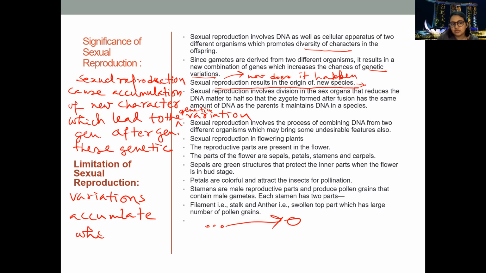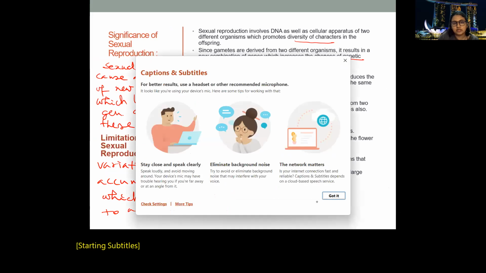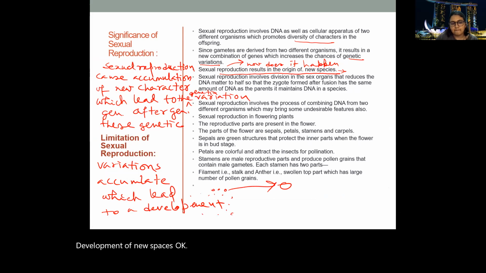So small genetic variations accumulate over time, over millions of years, not one year, two years, which leads to the development of new species. Okay, fine.